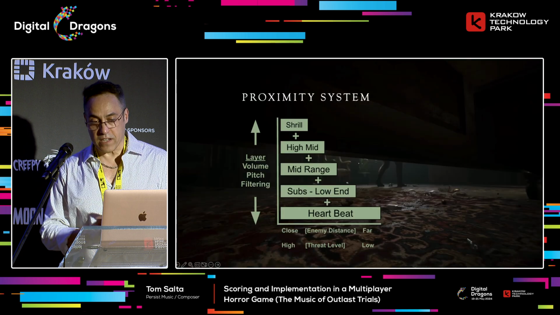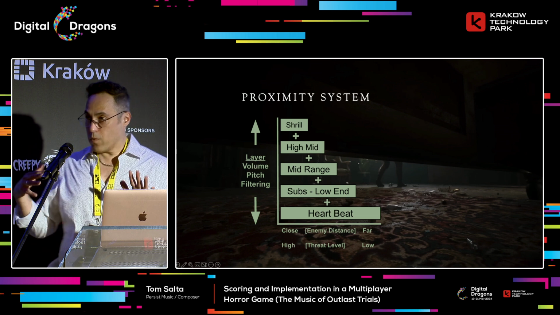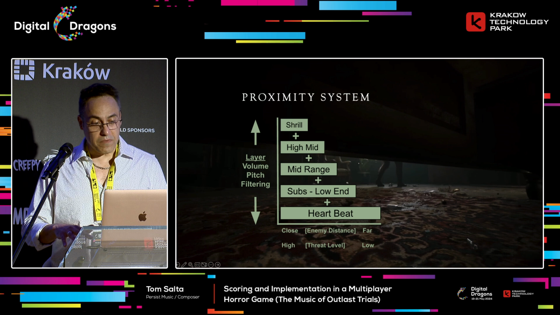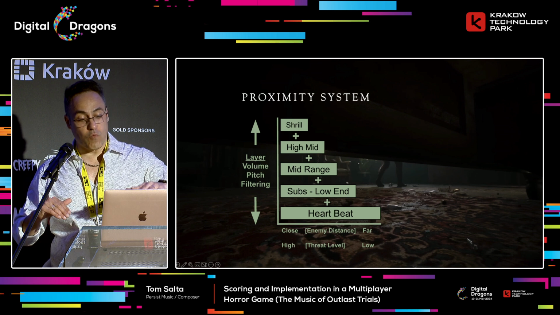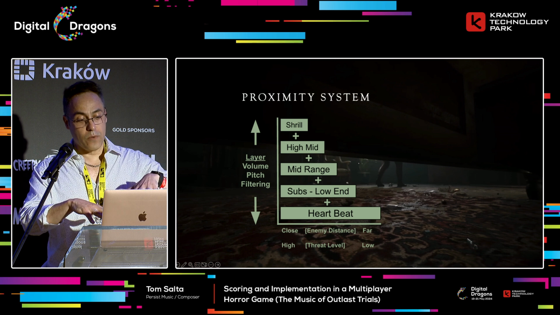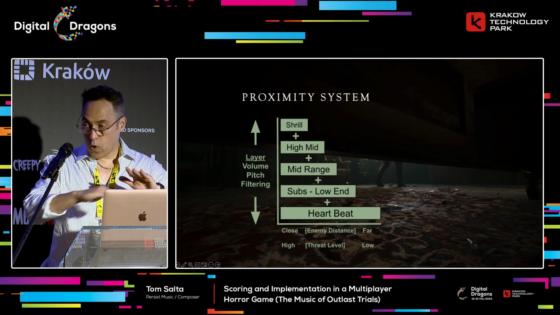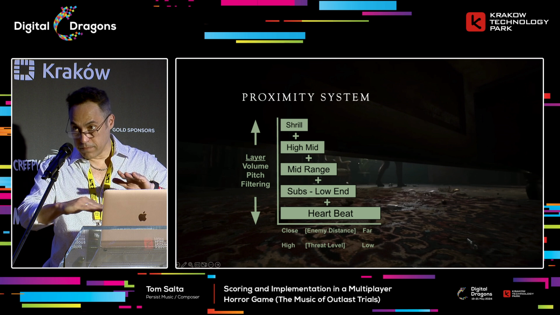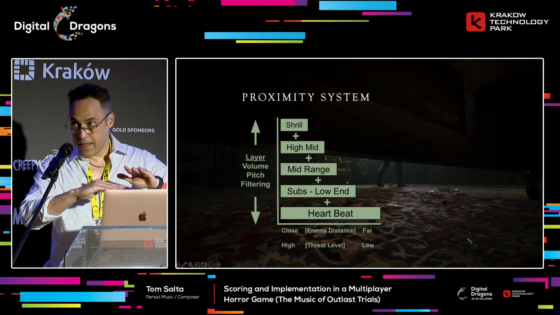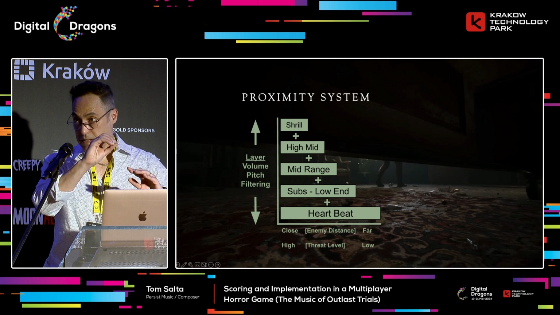So here's that proximity system I told you about. The way it works is that it ranges from low to high, and on the low, it starts with a heartbeat. Low pitch, boom, right? And then that heartbeat will speed up, and the pitch speeds up.